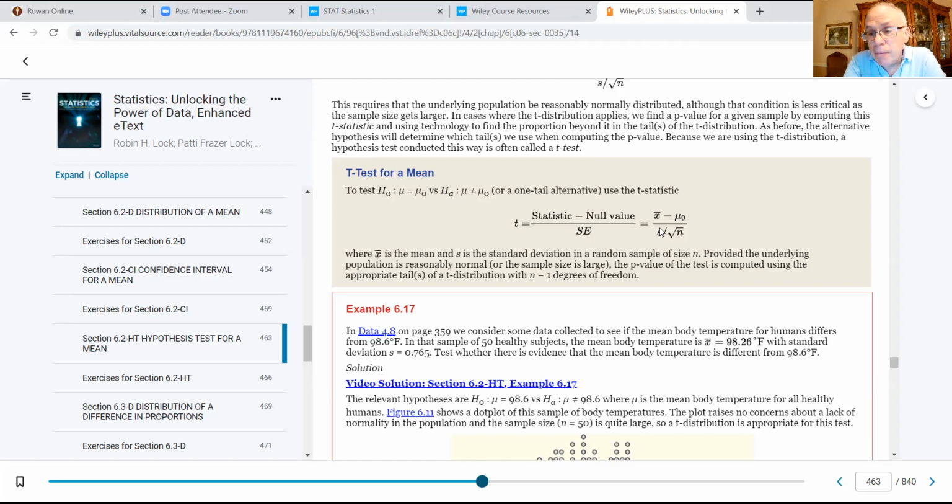Inverse t had to be used in the case of estimating a population mean, if the population standard deviation was unknown, for a confidence interval. We had to use a t critical value, and that required inverse t. And as you know, inverse t is not there on your 83 calculator.